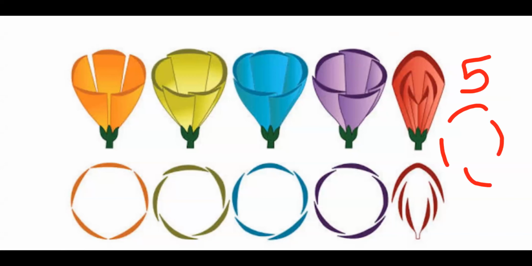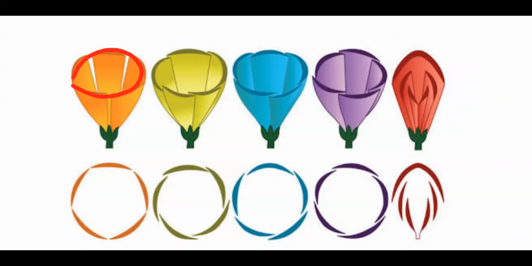These 5 sepals are arranged in which manner with respect to each other? That we are going to discuss over here. Just imagine one flower where the calyx whorl is given. In that, we can make out this is one sepal, then the second sepal, third, fourth, and the fifth.